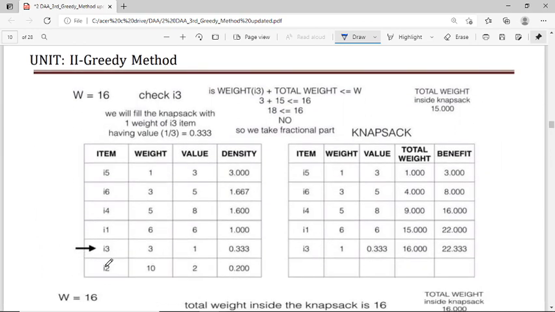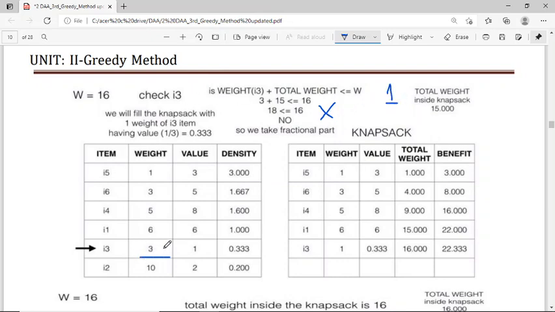Here we need to check I3. The weight is 3 plus 15, less than or equal to 16. So here this condition is false, because our bag capacity is 16, but after adding this it changes to 18. So what can we take now? To fill the bag we need 1.